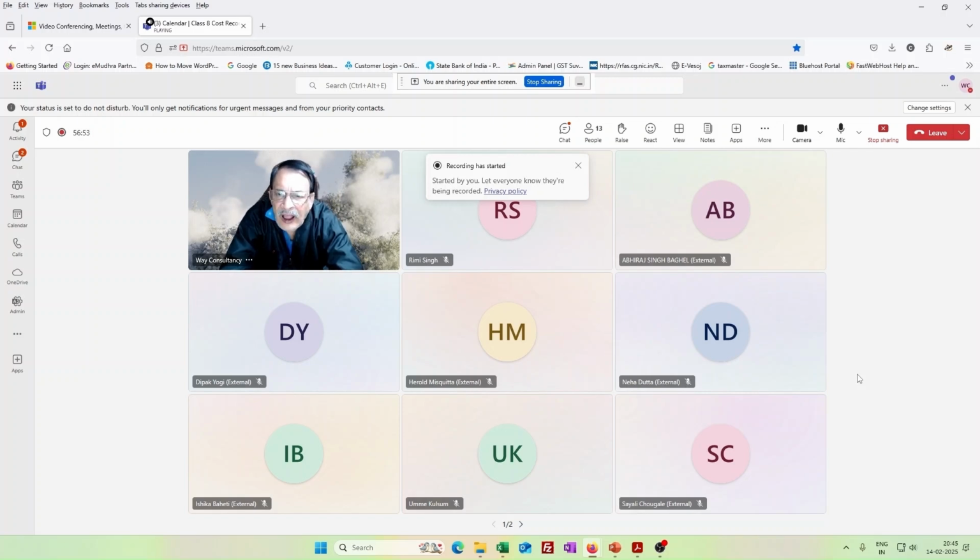I purposely hid the original name of the company and rebuilt the trial balance, manipulating the figures, because as per code of conduct, we cannot show the data of a company without taking permission from them.